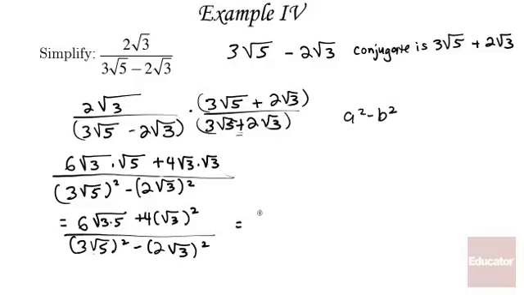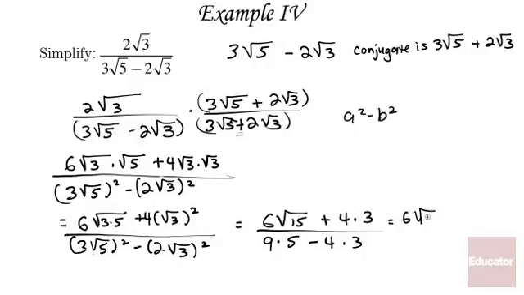Okay, the next step is 6 times 3 times 5 is 15, plus 4. A radical times itself is the radicand, so that gives me 3, divided by 3 squared, 3 times 3 is 9. Radical 5 squared is going to be 5, minus 2 squared is 4. Radical 3 times itself is 3.